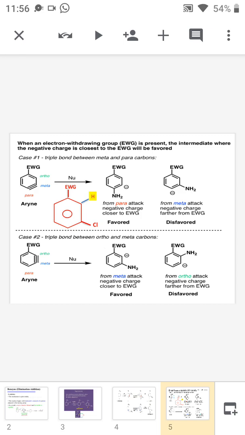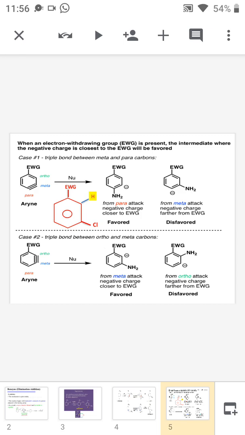After the generation of the benzyne intermediate, the nucleophile can attack from both sides of this benzyne intermediate. If it attacks the meta position, the carbanion is generated in the ortho position, and that is the favored condition because here the carbanion is very much closer to the electron withdrawing group.